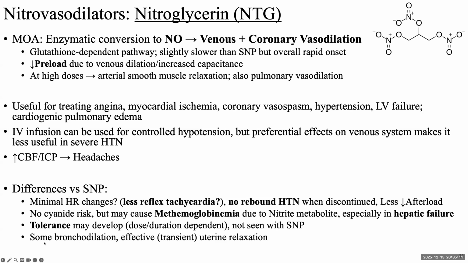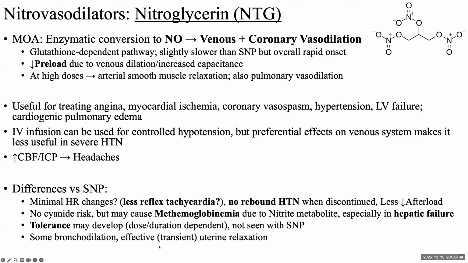Now, you might also get some bronchodilation, which is not really a first-line treatment for bronchospasm. We have better agents for that, but just know that this is in theory possible. And nitro is actually also effective as a transient uterine relaxer, right?